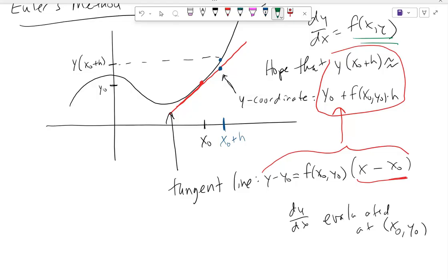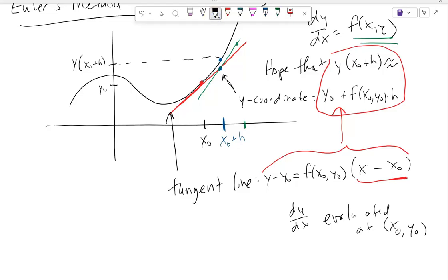So we find that line and say it's my approximation to the curve. We move over a little bit, find this point, and continue this process to get a bunch of sticks that approximate the curve.